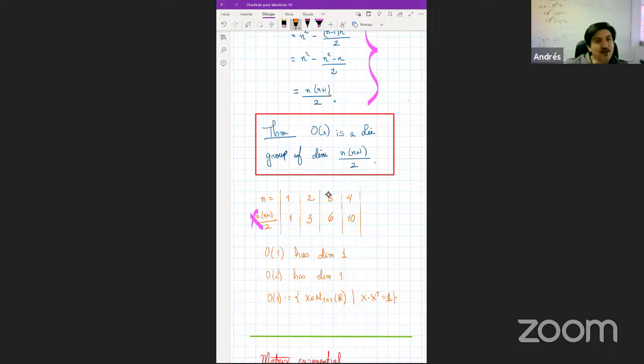So 1 by 1 matrices is just the reals. So it is the set of real numbers such that that real number times itself is 1.